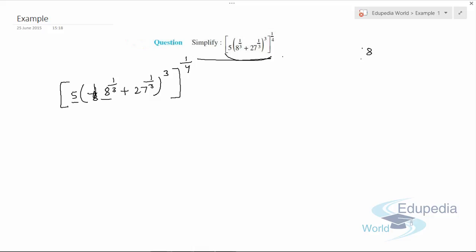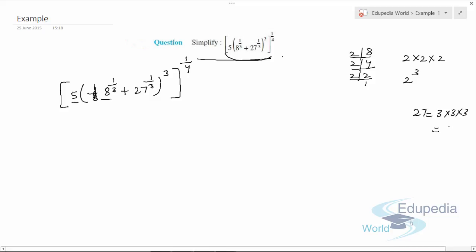So 8 can be factorized as 2, 4, 2, 2, 2 and 2. So 8 can be written as 2 into 2 into 2, or 2 raised to power 3. Similarly, 27 we can write as 3 into 3 into 3, which is 3 raised to power 3.